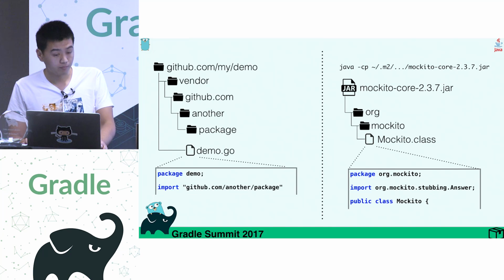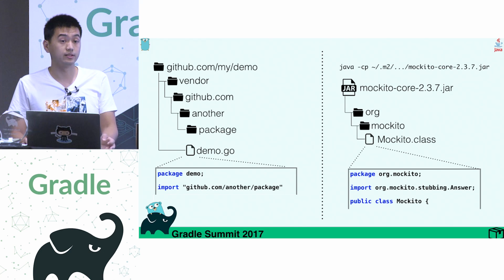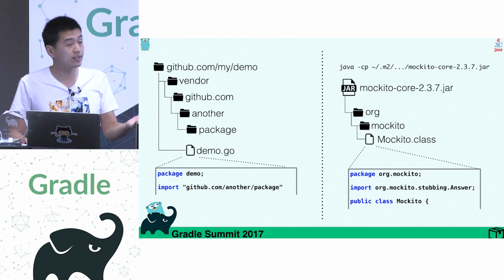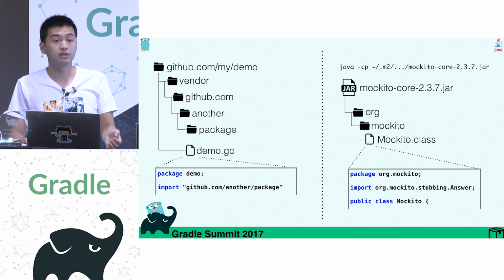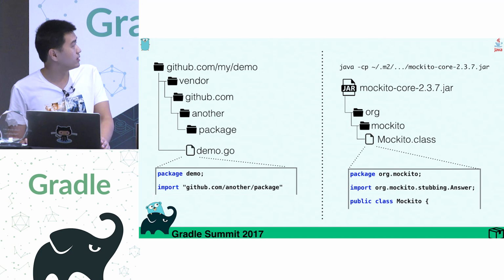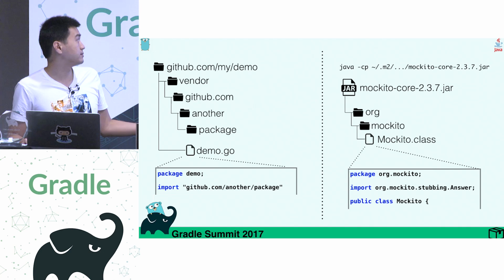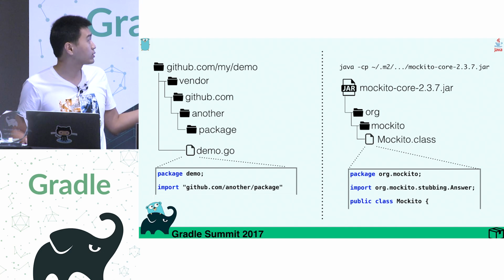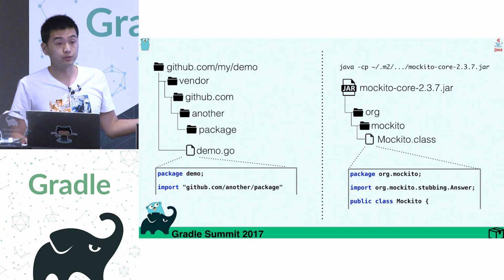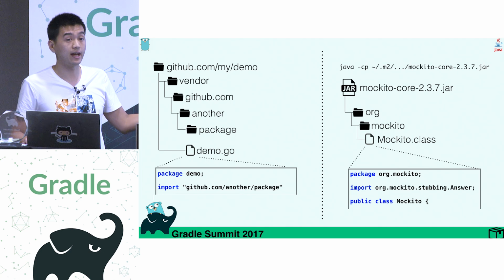In Go 1.5, a mechanism named vendor was introduced after complaints from the community. That mechanism puts a directory named vendor in the project root, and the code in vendor has higher priority than the code in the global GOPATH.